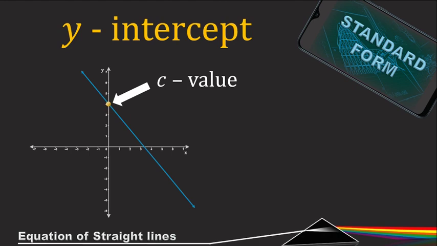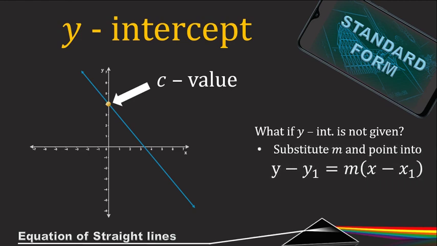But in other instances, what if we're not given the y-intercept? What we do then is we substitute the gradient that we just found and another point that's also given into this formula over here. And this formula looks funny here, but it's actually something we already know.